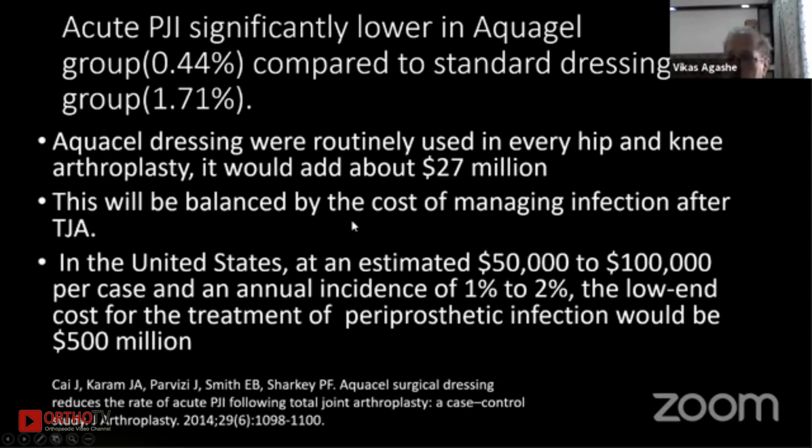And the authors went on to estimate the cost in case these aquagel dressings are used all over the United States. They say that if they are used in every hip and knee surgery, it would add $27 million. But that will be balanced if the incidence of PJI decreases, and they say that all over the US there will be a significant saving as far as management of PJI cases is concerned.